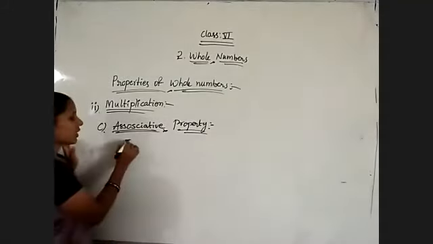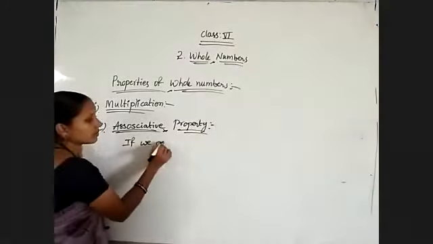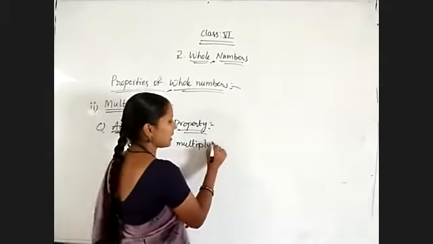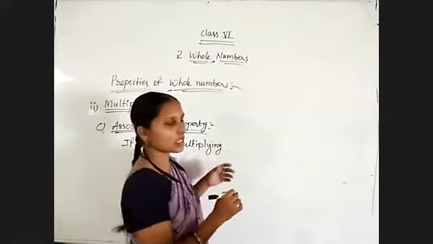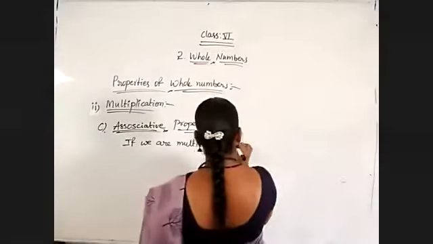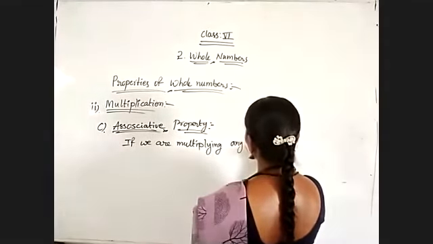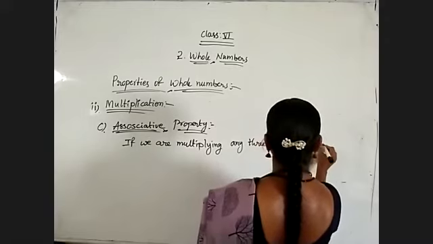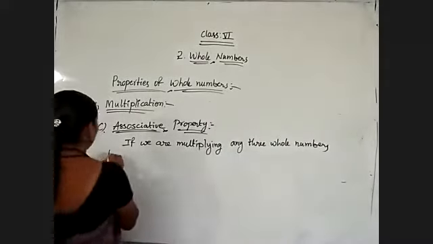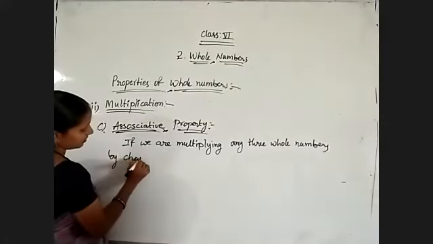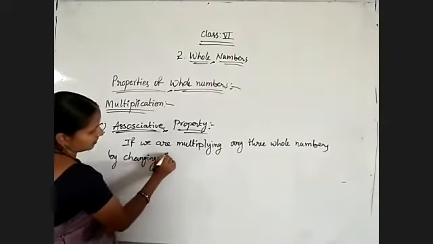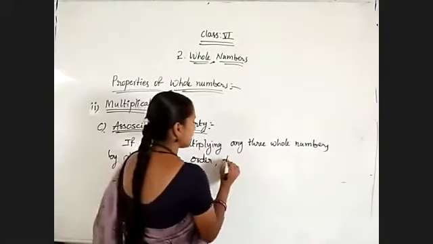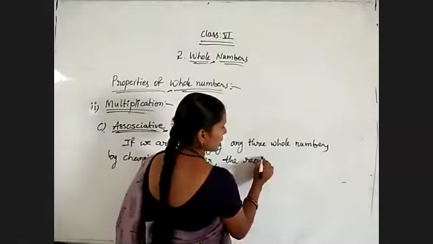Observe, if we are multiplying, instead of two numbers, we need to take three numbers as we did yesterday, that's all. If we are multiplying any three whole numbers by changing their order, the result will remain the same. The result will not change.